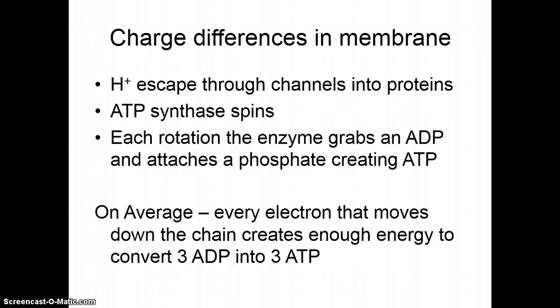The hydrogen escapes through channels into proteins. The ATP synthase will spin, and each rotation grabs an ADP and attaches a phosphate, making ATP. On the average, every electron that moves down the chain will create enough energy to convert 3 ADP into 3 ATP.